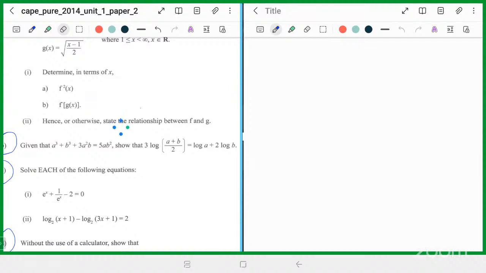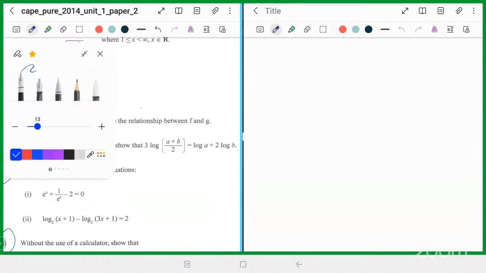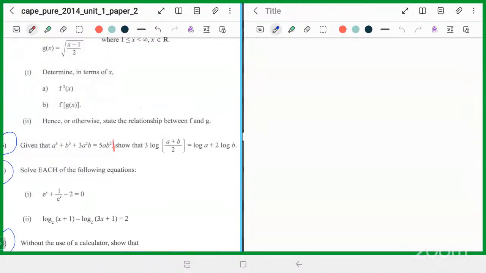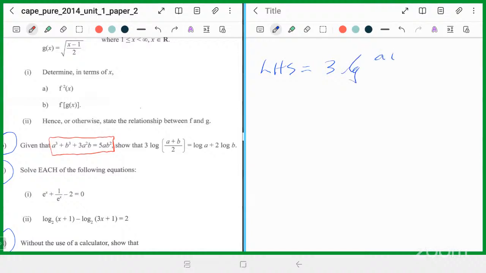All right, I'm going to leave this as the screen for the time being. This is going to be used at some point. But I'm going to start with the left side of this expression and say the left-hand side is equal to 3 log of (a plus b) over 2.